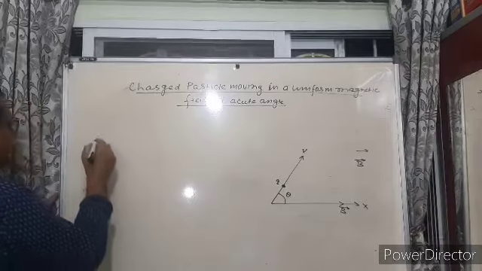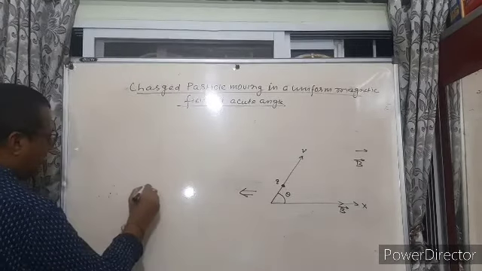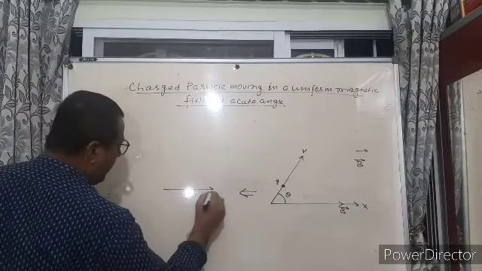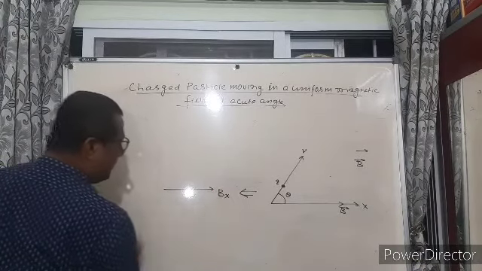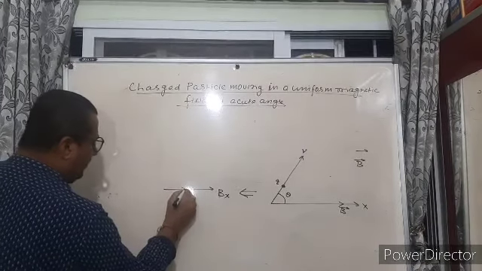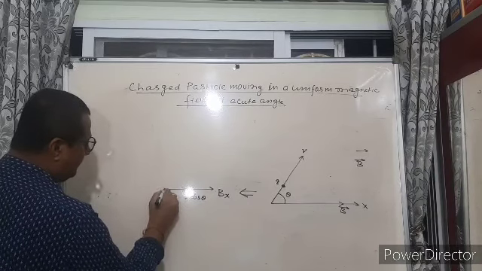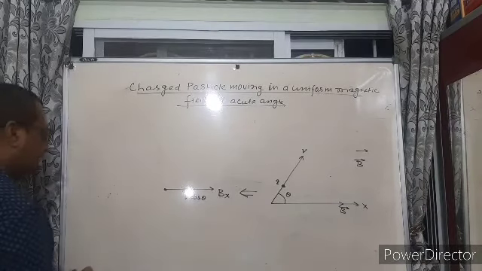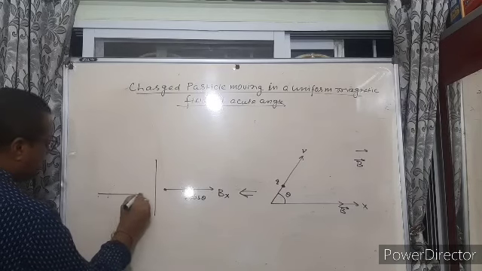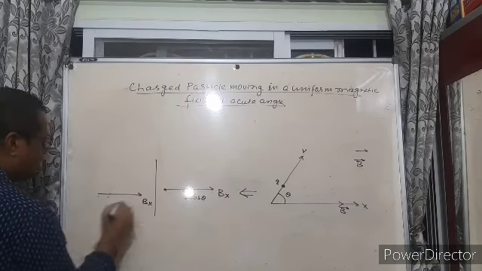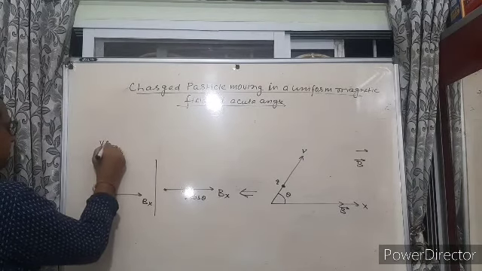So clearly, this is the magnetic field, this is the component v cos theta, the velocity component Vx, and the other component is v sin theta.